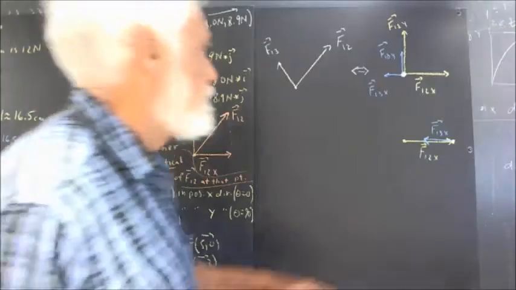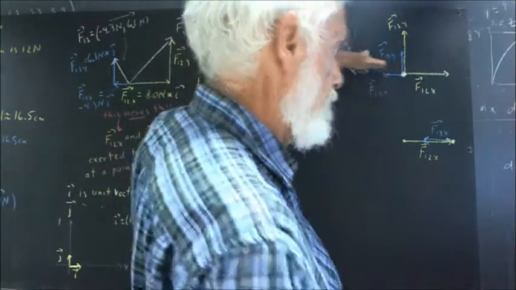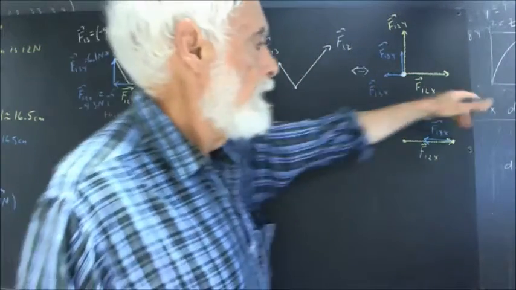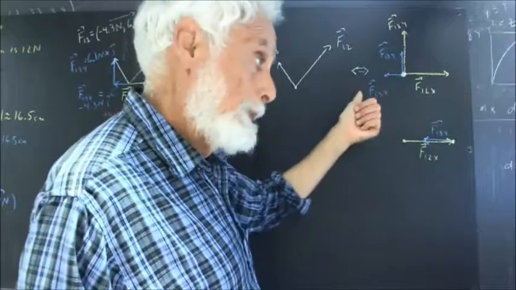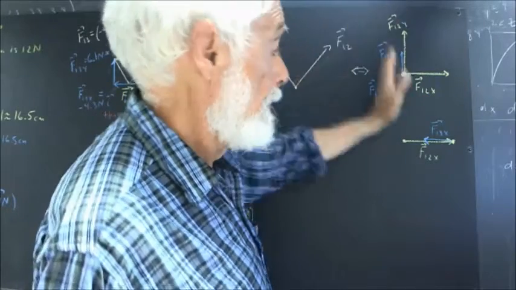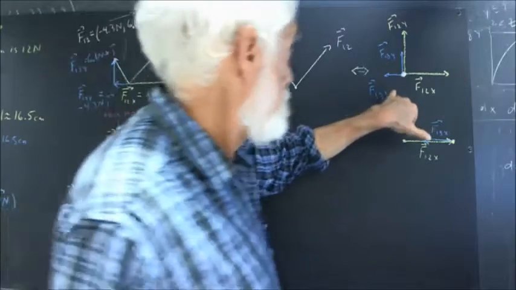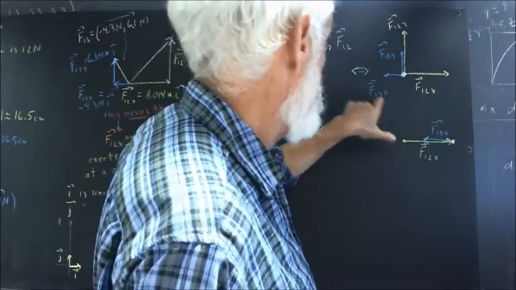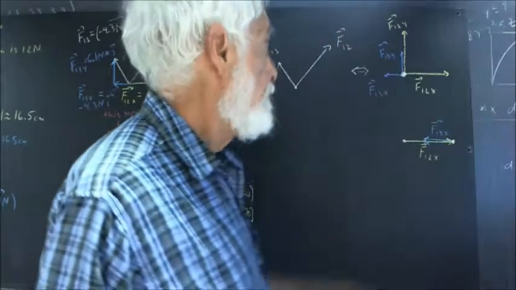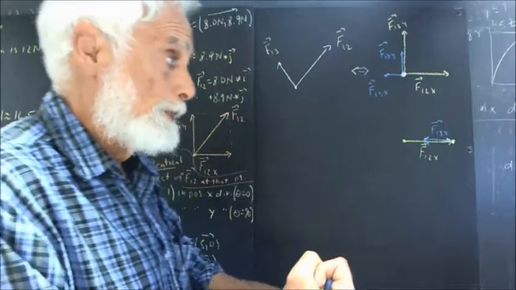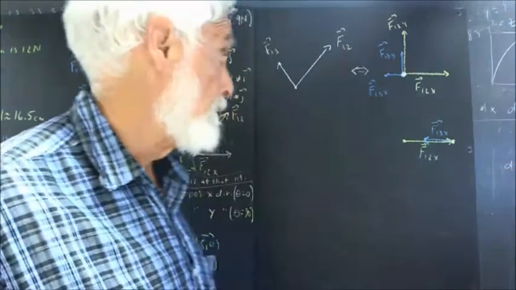Now, if we consider just the two forces acting in the x direction, they're acting, in this case, in opposite directions. The forces in the y direction are, of course, acting in the same direction. So, in the case of the x direction, this force is fighting this force. This force is pulling this way, that force is pushing that way.